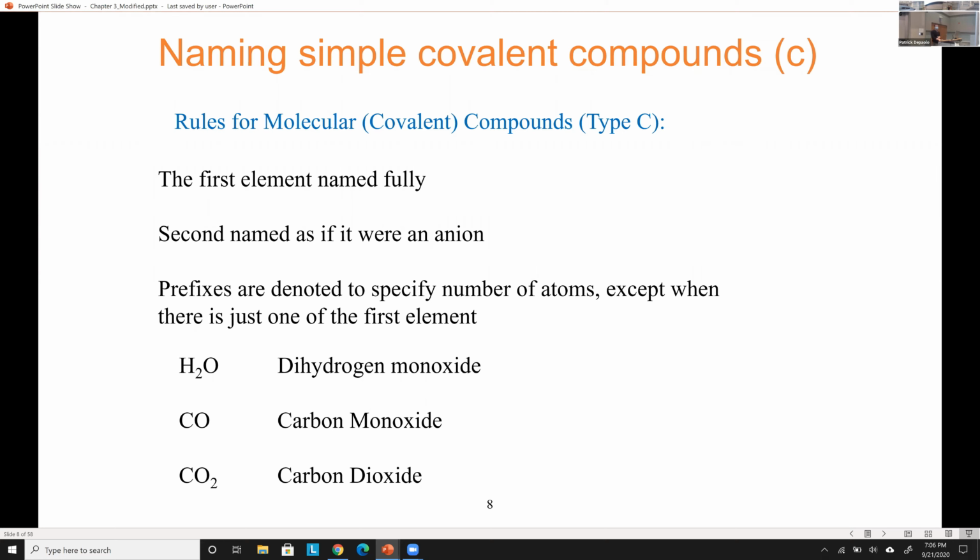Since there's only a finite number of these things to name, if you keep naming them, they're bound to come up on the exam. You can go beyond that and just look up covalent and ionic naming practice. You'll get worksheets from every school in the country online, and you can just do those, but I'll put one up for you on Canvas.